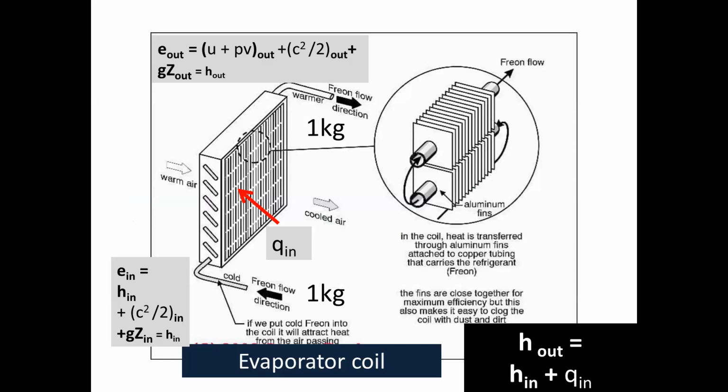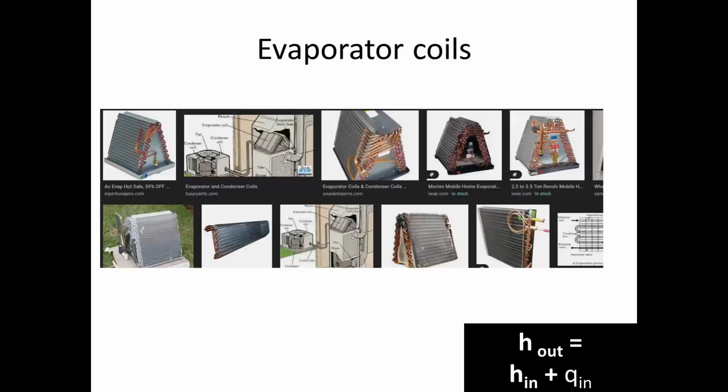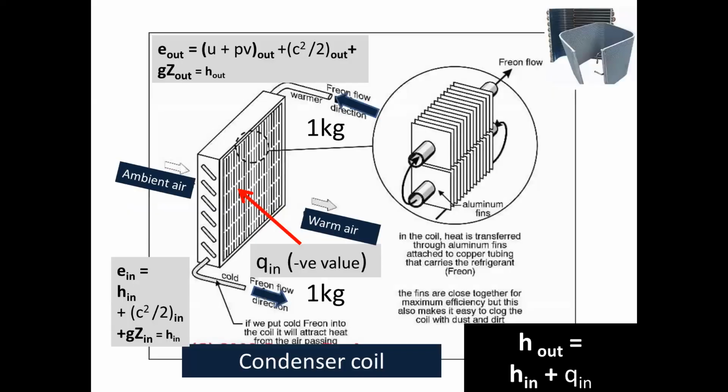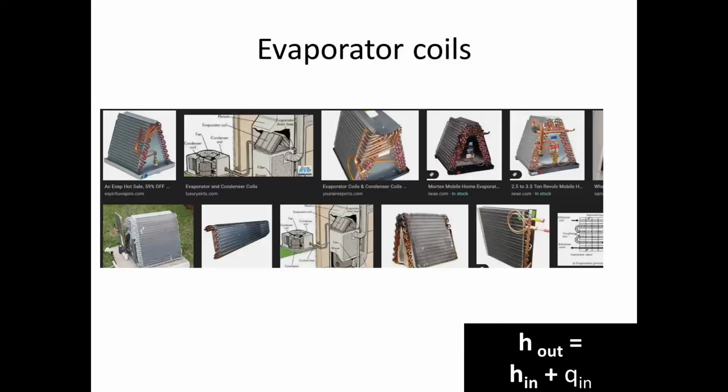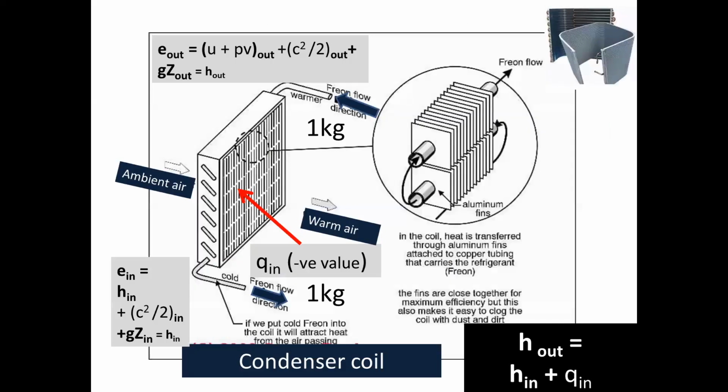For the evaporator coil, this way: H out is H in plus Q in for 1 kg. Evaporator coils, whatever, this energy balance will apply. Condenser coils, you know that. In from the top and leaving the bottom. So same ambient air comes, warm air out.